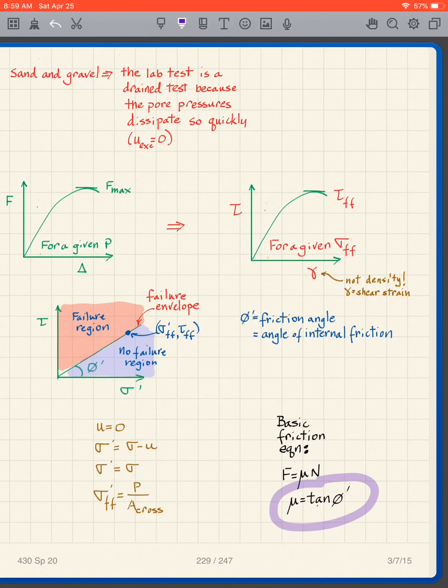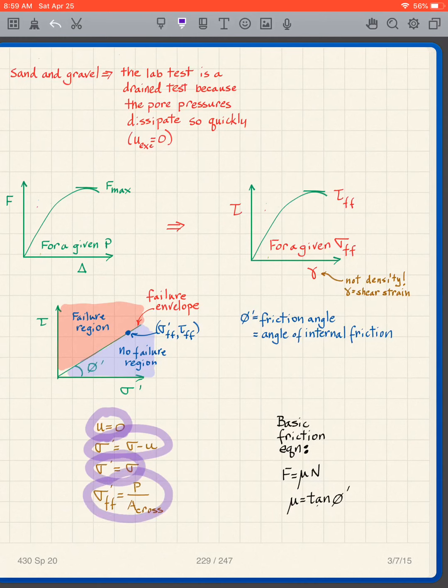So we can get the coefficient of friction for our sand or gravel soil simply by taking the tangent of the friction angle. And as I said here, since the excess pore pressure is 0, the pore pressure is 0, we find that sigma prime is equal to sigma minus u, so sigma prime equals sigma. So our sigma prime FF is simply our sigma FF, which is P over cross-sectional area.